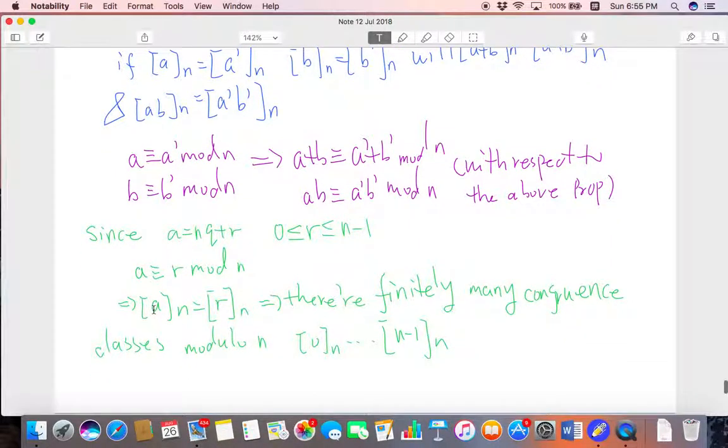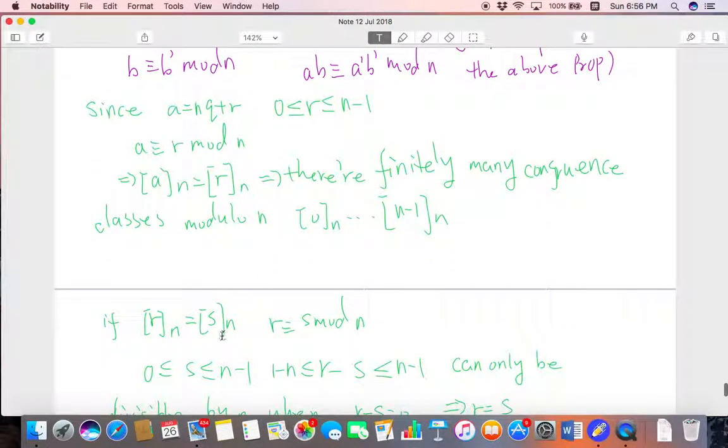And then you know that congruent class a mod n and congruent class r mod n are the same. Since r can only take values ranging from 0 to n minus 1, there are finitely many congruent classes modulo n, from 0 to n minus 1. And they are all distinct.